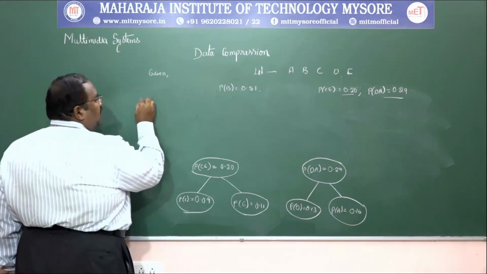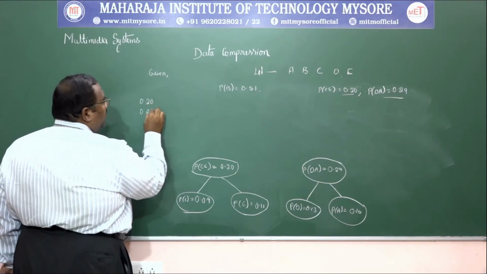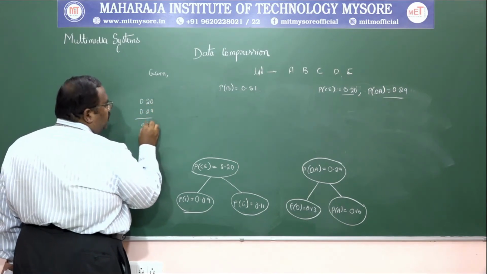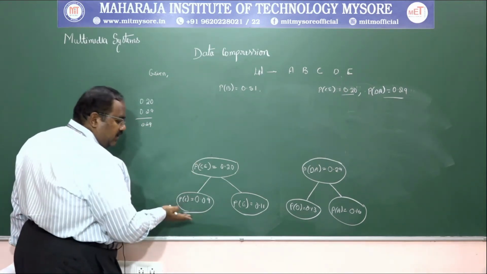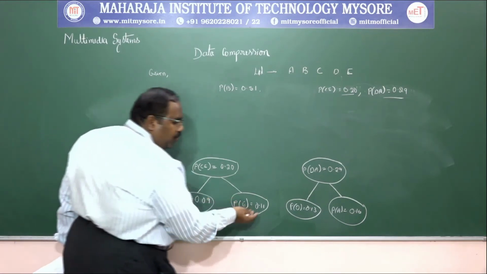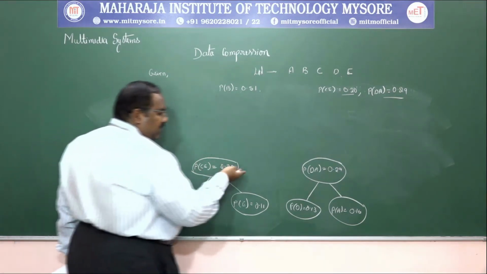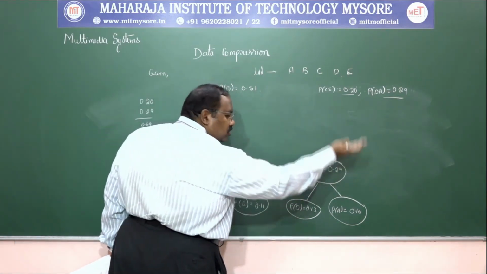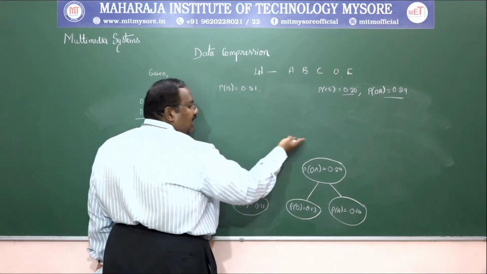I am writing here, 0.20 and 0.29. So obviously it would be 0.49. Means, look at this here. What is the level? 0.1 range values are here, whereas in this level, 0.2 range is there. If it was 0.3, we could have made it a hierarchy level here.